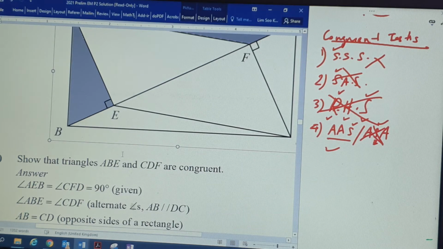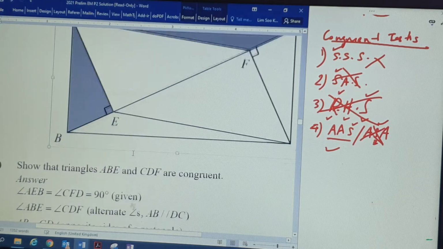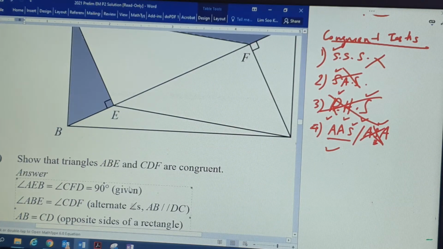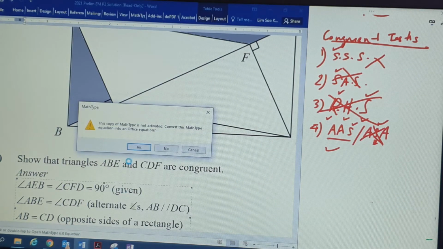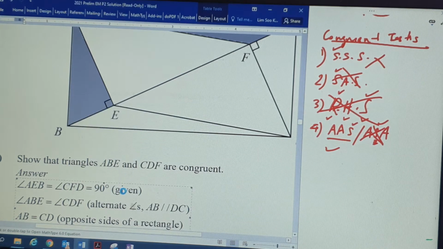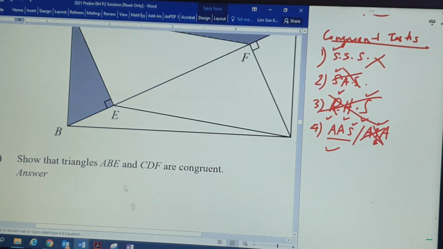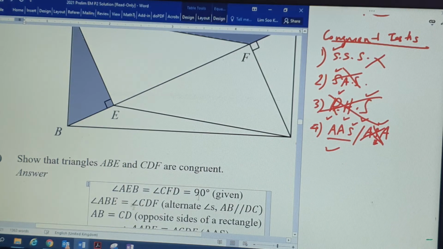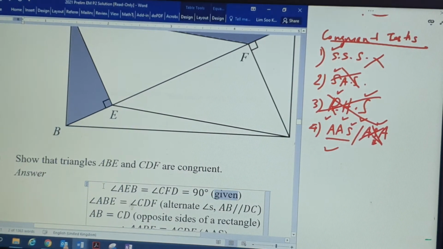They didn't give you here. You yourself make the conclusion, because this ABCD is a rectangle. So the sides must all be right angle triangle. So this is not the reason, it's not given. You should instead say ABCD is a rectangle.